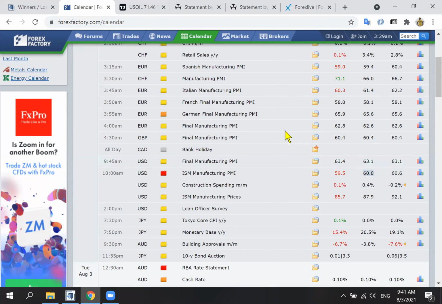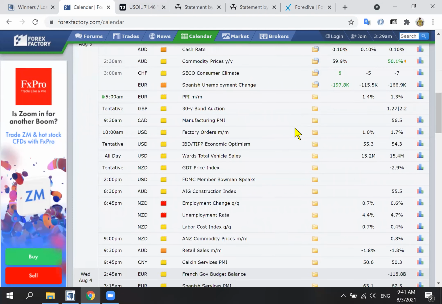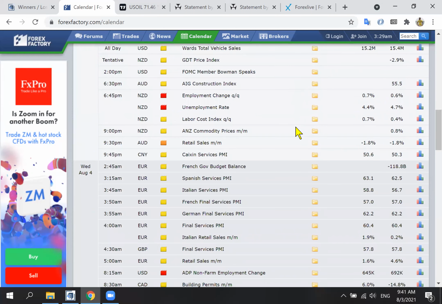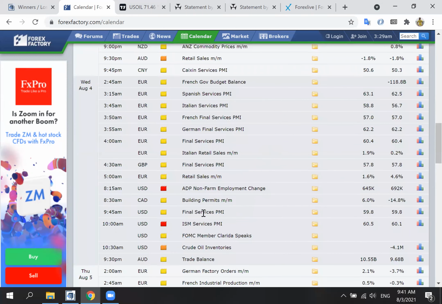Looking at the further data, there's nothing particular expected for the euro and for the US dollar. The next important report is going to be on Wednesday. We're going to have the services PMIs in Europe, and also the release of the ADP non-farm employment change.